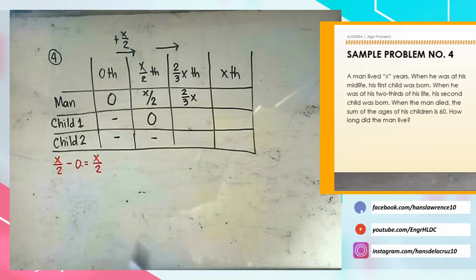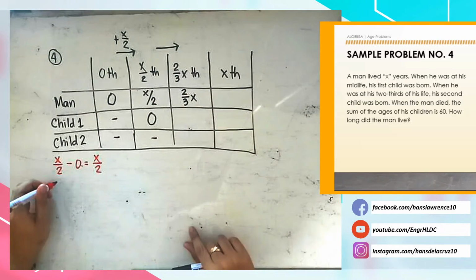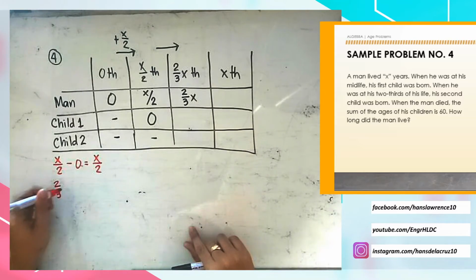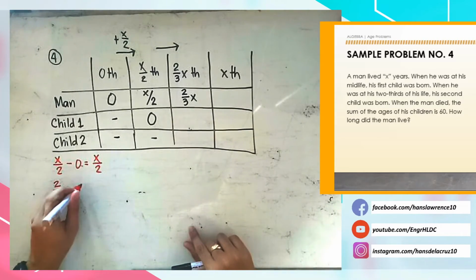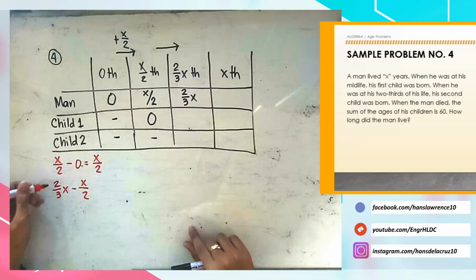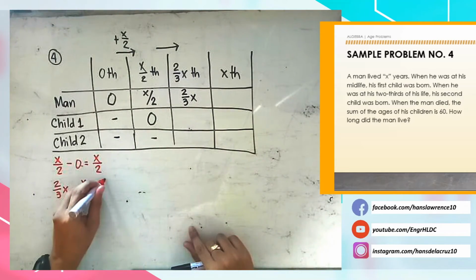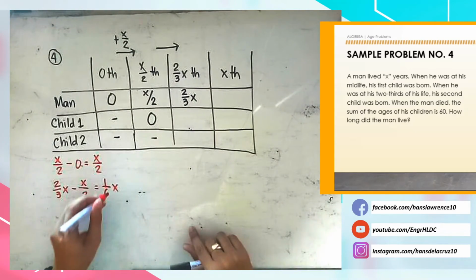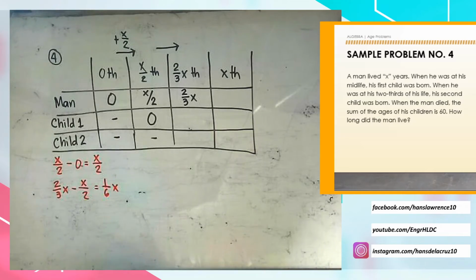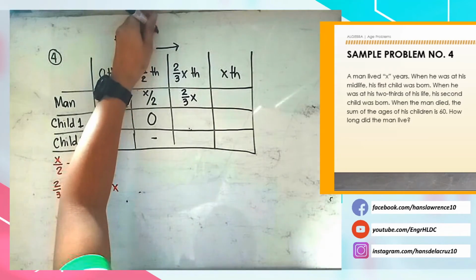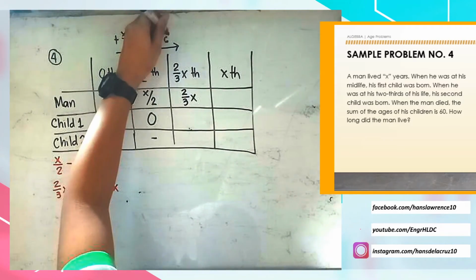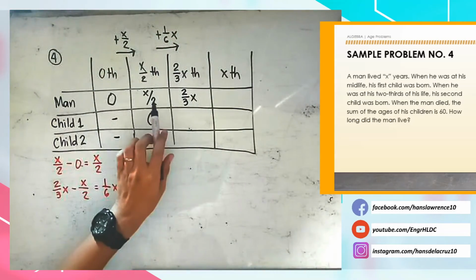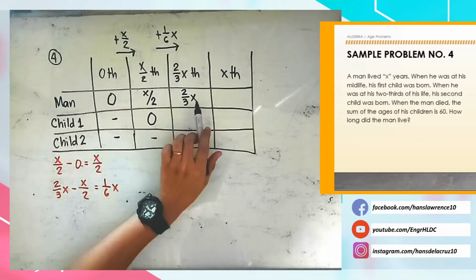So, same procedure dito, susubtract natin yung class, so that is 2/3 of x minus x over 2, so that is 2/3 minus 1/2, so that is 1/6 of x. Okay, so additional 1/6 of x years na makalipas nung time frame na to, so magiging 2/3 x na daw yung edad ni man.